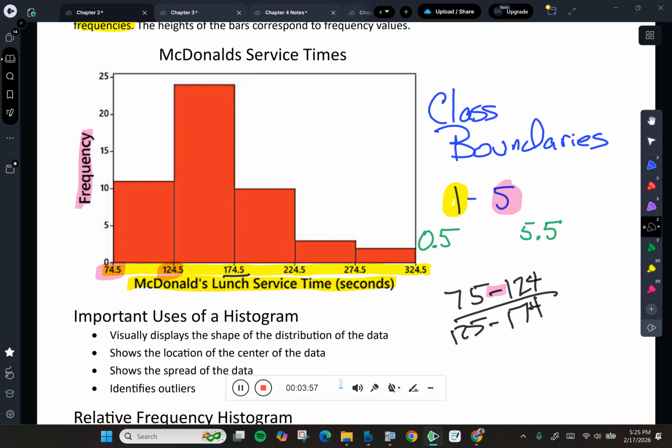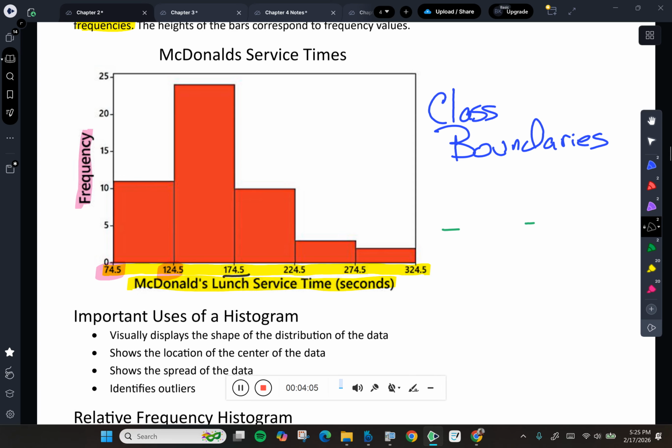Now, the reason for this is because of the way class boundaries work. If my first class went from 75 to 124, and my second class was 125 to 174, and I wanted this bar to represent the first class and this bar to represent the second class, what number splits them?